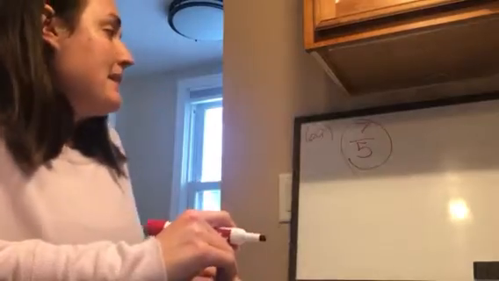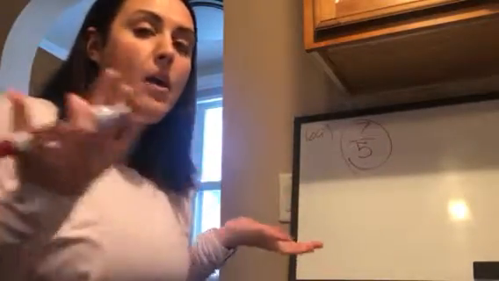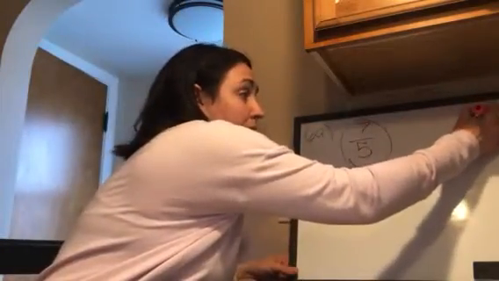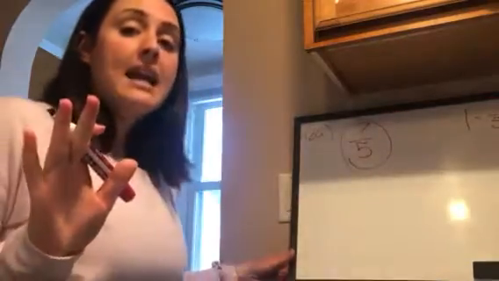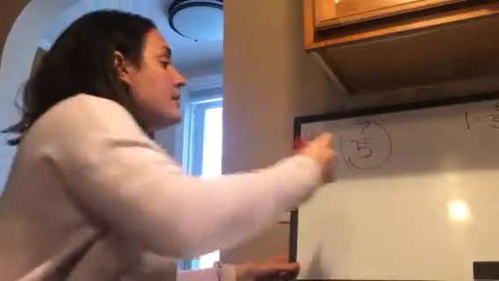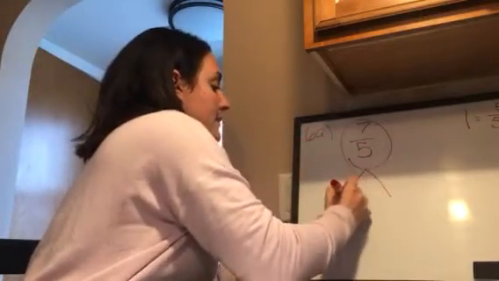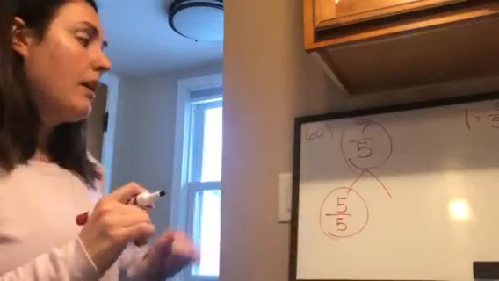So in order to make this a mixed number, I need to know how many parts are making my whole. What is going to represent our 1? And you know you have a denominator of 5, and that's going to stay the same. And in order to cover my whole area model, I would need 5 parts shaded in. So 1 equals 5/5. And that becomes one of our bonds. Okay?